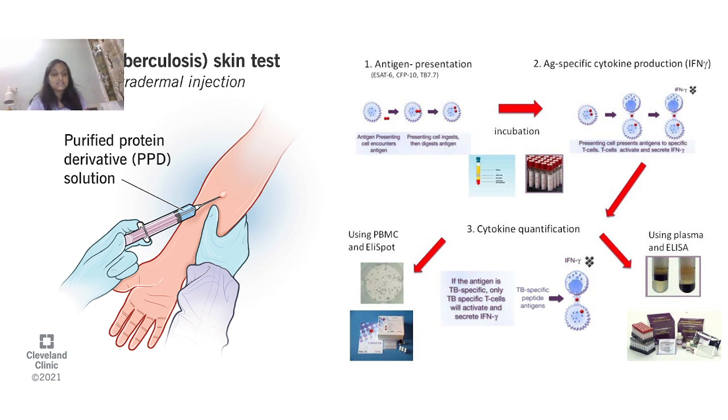Particularly, this skin reaction develops after 48 to 72 hours, and if there is inflammation in that area, it is positive. If there is no inflammation in that area, it is negative. So it is useful in the diagnosis of tuberculosis.